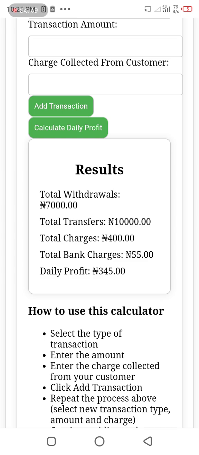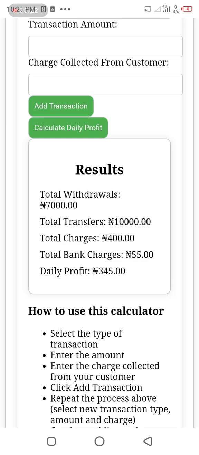So it is going to show you how much they debited you for your transactions that day. For this one, the total debit is 55 naira. That is the total charge debit that the person's bank or POS provider charges the person for the transactions.